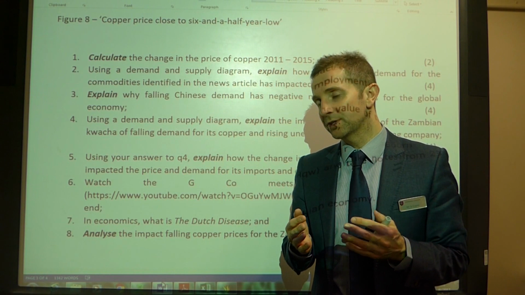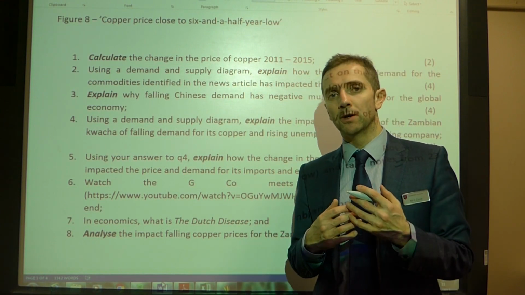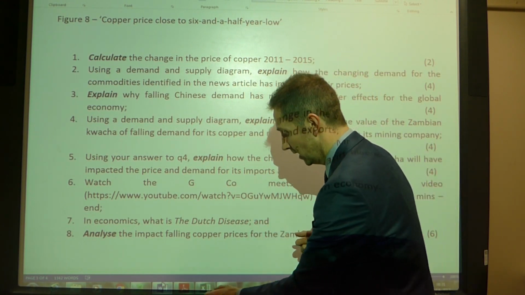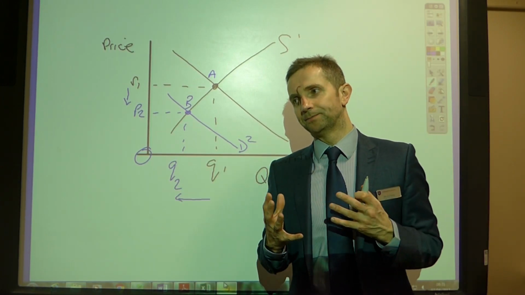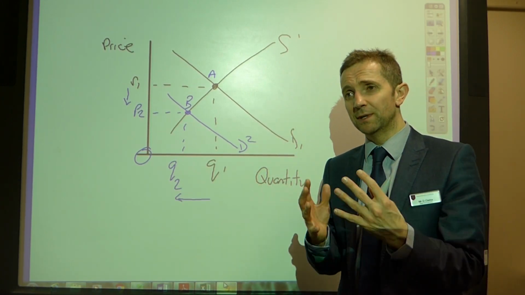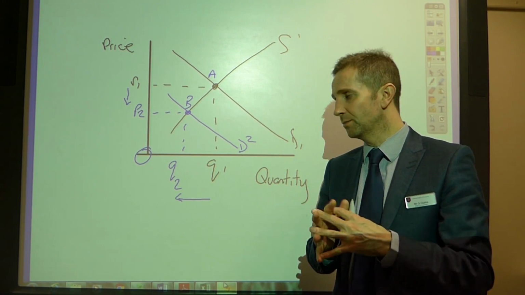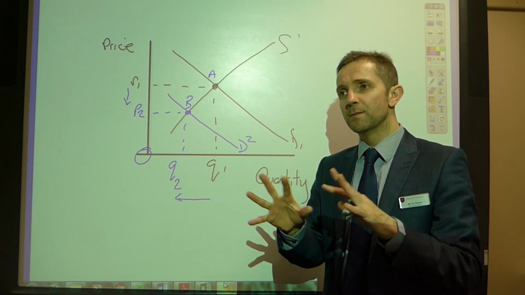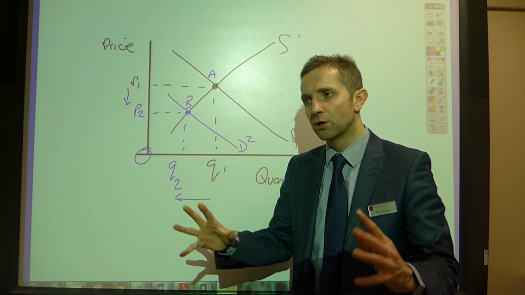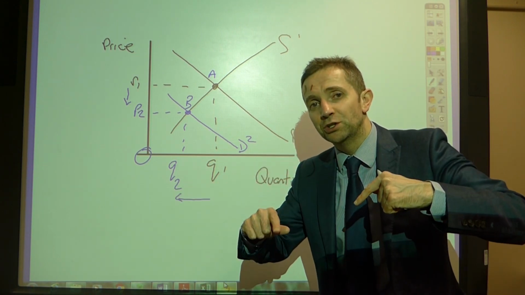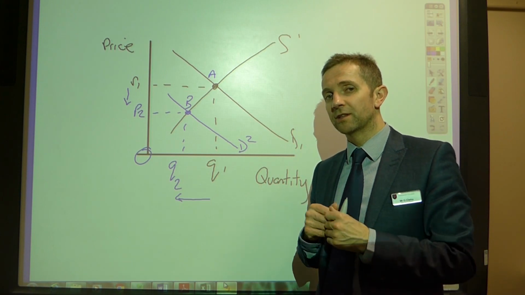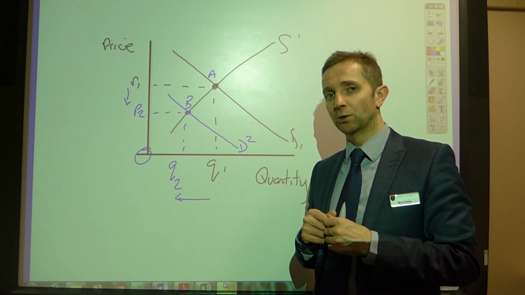Now it talks in your textbook, ladies and gentlemen, about the multiplier, and the general gist of the multiplier being that if you inject a certain amount of stimulus, for example, financial fiscal stimulus into an economy, due to the multiplier effect and spillover effects, you get a change in national income which is greater than the initial change in your expenditure.